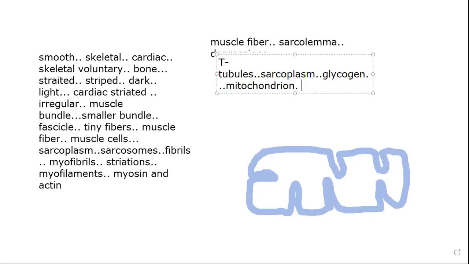Due to the arrangement of myosin and actin, we can see dark and light bands on the muscle. The dark area contains the myosin filament and the light area contains the actin filament.